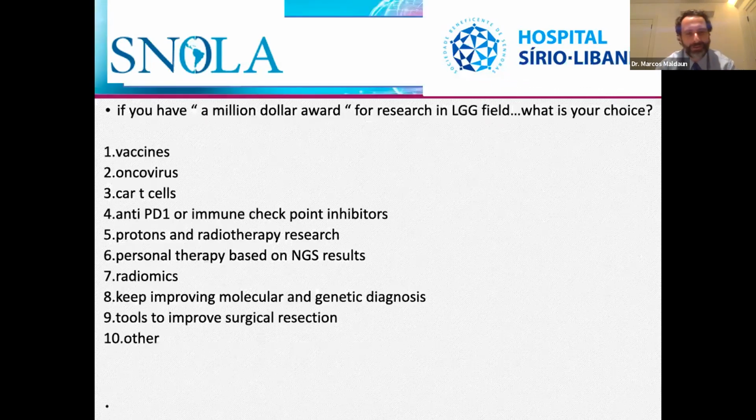If you guys have a $1 million award to spend in research for low-grade glioma and the low-grade glioma field, what is your choice?